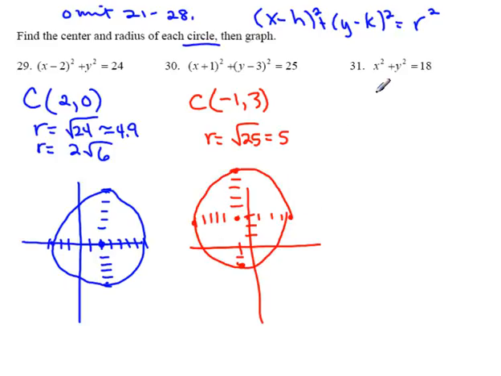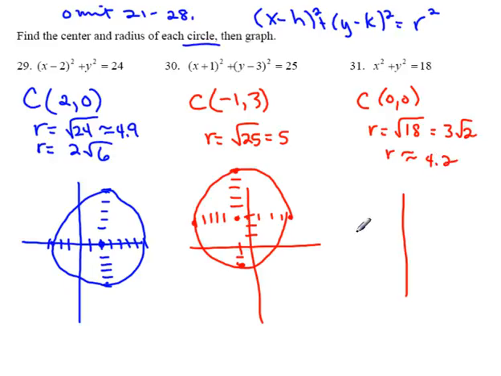Okay, last one. Center, 0, 0. Radius, square root of 18, which is going to be 3 square root of 2. And its approximate value is going to be 4.2. 0, 0, and then up 4.2, left, down, right.